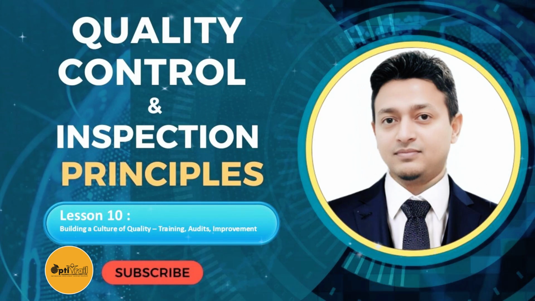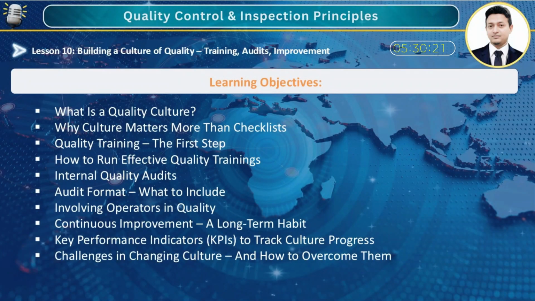Today, we are moving into Lesson 10, Building a Culture of Quality: Training, Audits, and Improvement. This is one of the most important lessons because it connects all the tools we've learned so far with the mindset that keeps quality alive every single day.